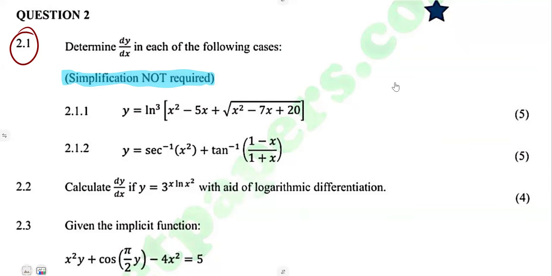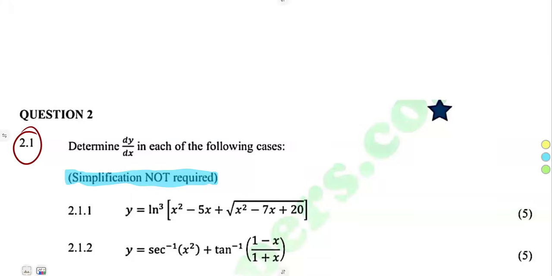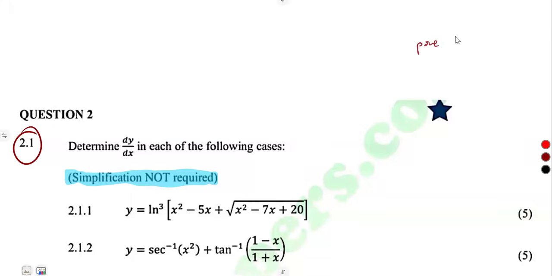Whenever you are given this condition, do not simplify, just differentiate. And I said in the introduction of this part, whenever you are to answer this question, look into these properties: the power, the function, and the given expression affecting the function.